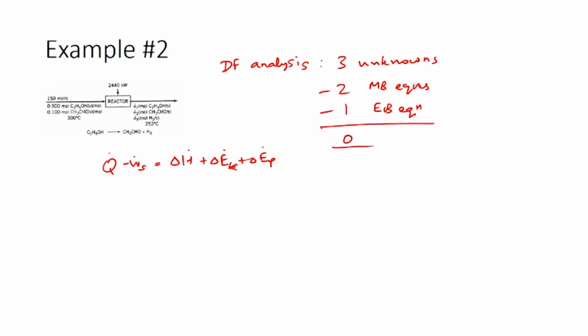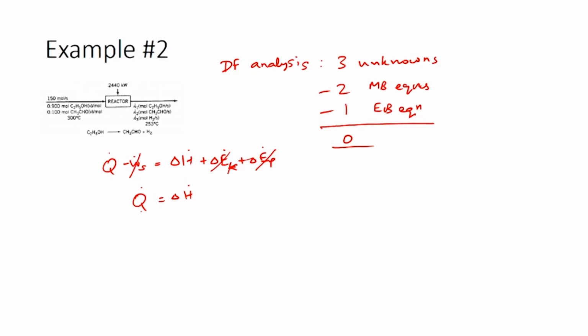Here you do not have any moving parts, so shaft work will be 0, and you do not have any kinetic or potential energy changes. So, the equation simplifies to Q dot equals delta H dot, and we will have to write this equation because once we prepare it you would have the molar flow rates of each of the components as part of the delta H dot, and we will be able to solve for the values using the other 2 equations as well.